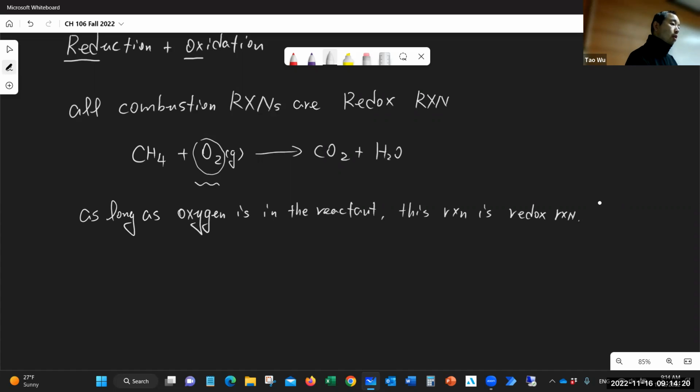The other reaction type: single displacement reactions are redox reactions.